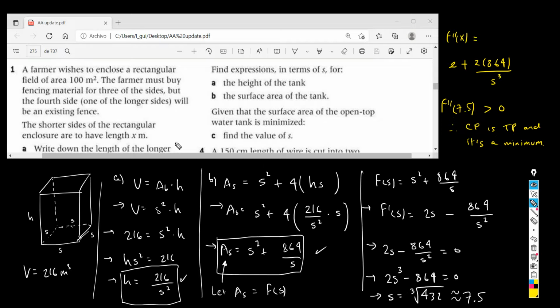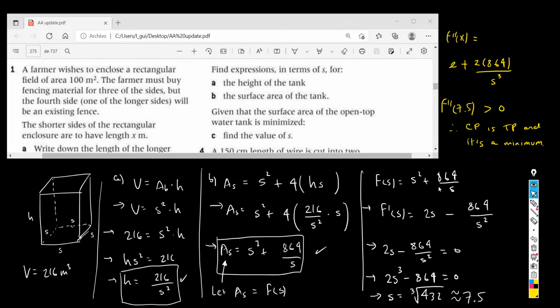Now let's make a confirmation. Let's actually put the function for the surface area in Desmos, and see if for this value of S we get the minimum of the function.